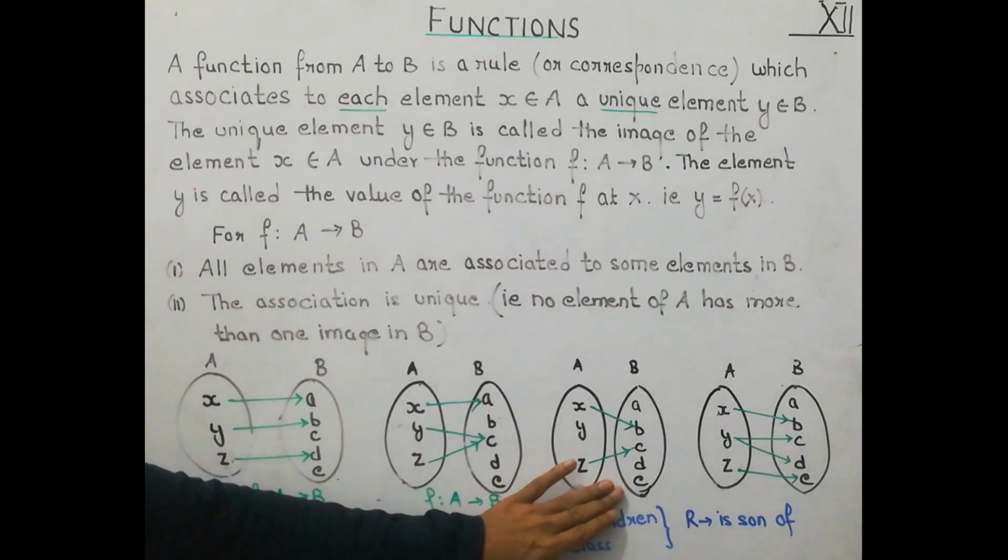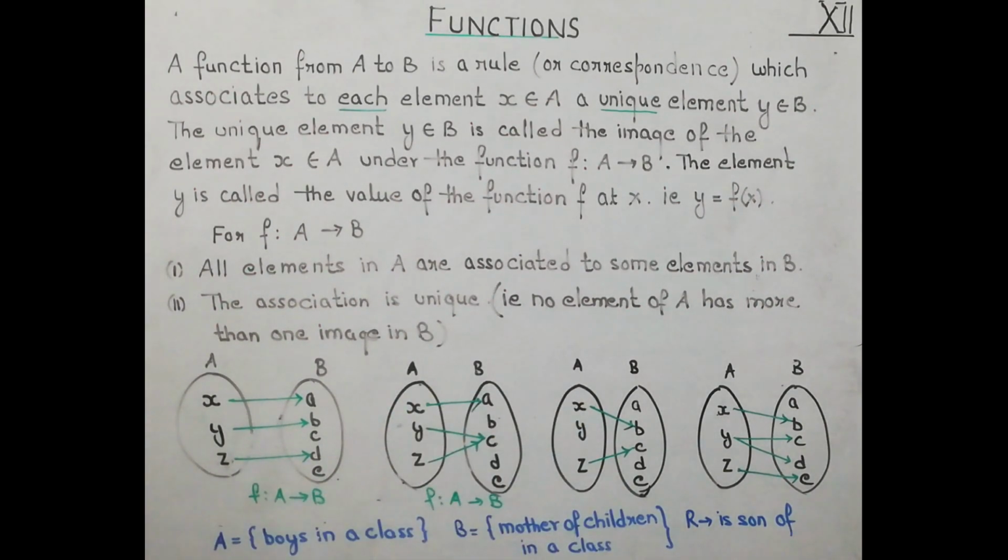The third boy made this relation. Now, is the third relation a function? We will say that the third relation is not a function, because one of the elements, Y in set A, has not been related to any element in set B. Whereas the definition says each element of set A should be related. There are two words that I have marked, each and unique.